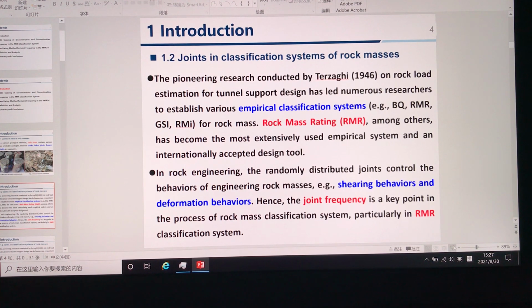As we know in rock engineering, the randomly distributed joints control the behavior of engineering rock masses, for example, shearing behavior and deformation behavior. Hence, the joint frequency is a key point in the process of rock mass classification systems, particularly in the RMR classification system.